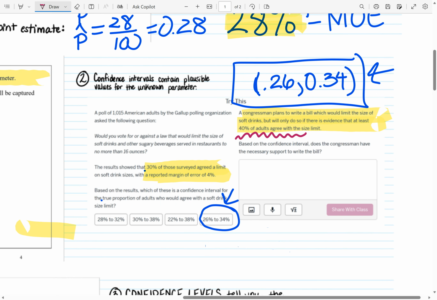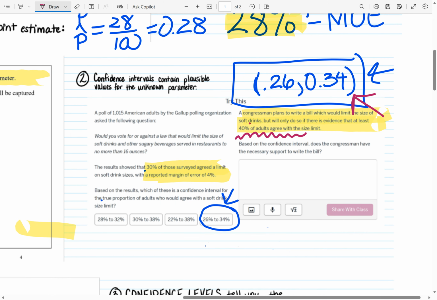Well, the confidence interval says, well, probably only about 26 to 34% of the population agrees that a law to limit the size of sugary drinks should be made.